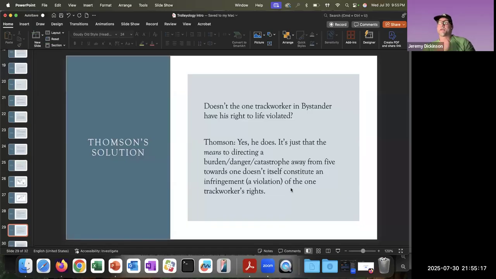Okay, so Thomson's not saying that the one in the bystander case, the one track worker who can permissibly be sacrificed to save the five, Thomson claims, doesn't have their rights violated. No, there's a serious rights violation there. It's just that flipping a switch or redirecting a trolley toward the one itself doesn't constitute a rights violation.